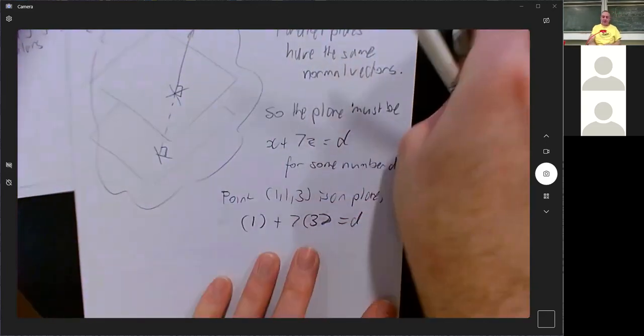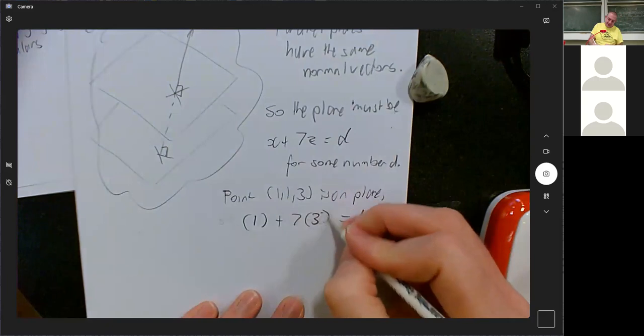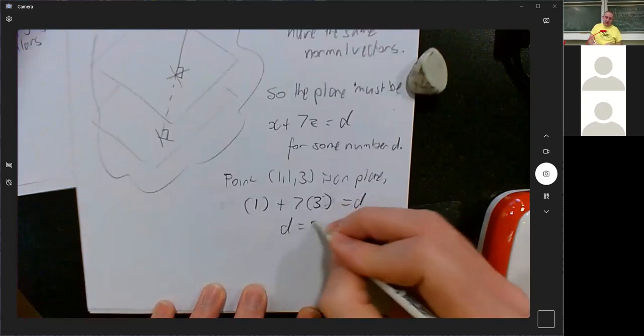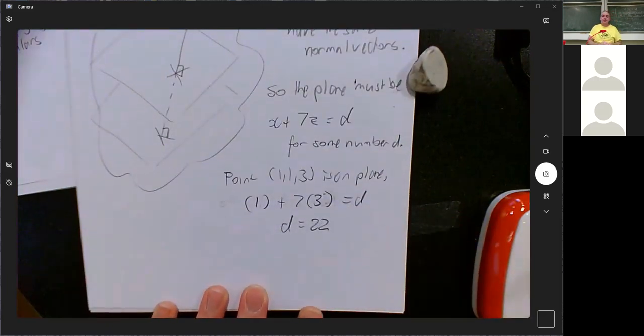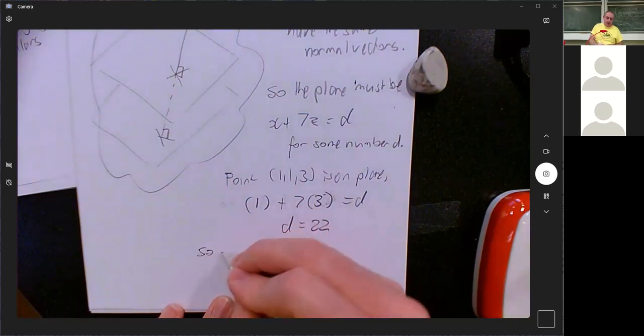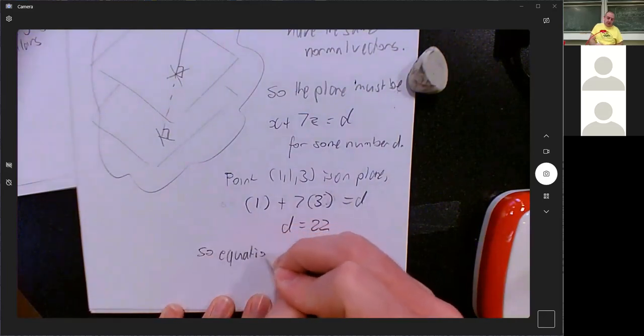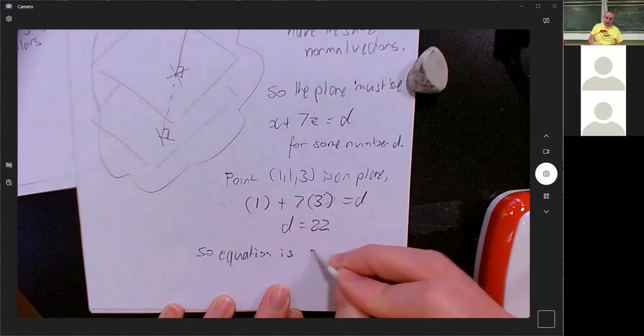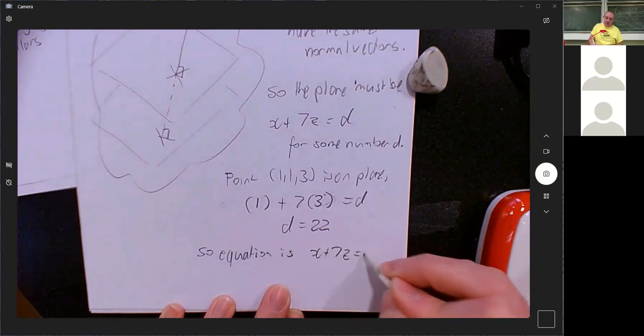Okay, 1 plus 7 times 3, and so d is therefore 22. So the equation is x plus 7z equals 22.